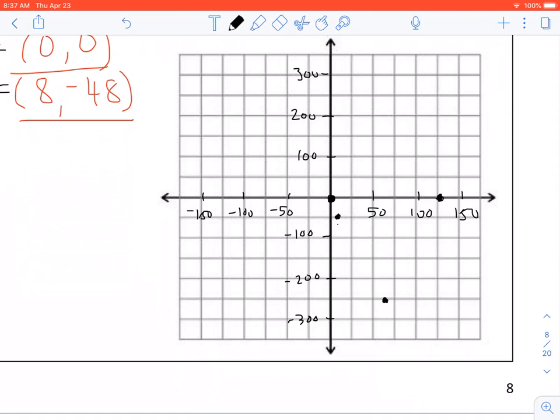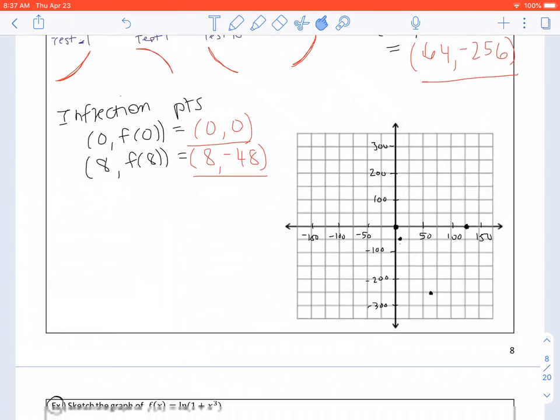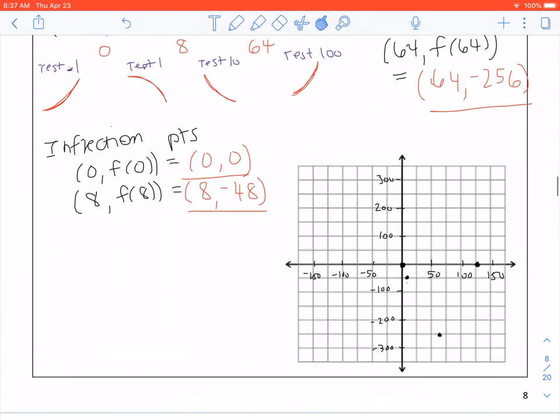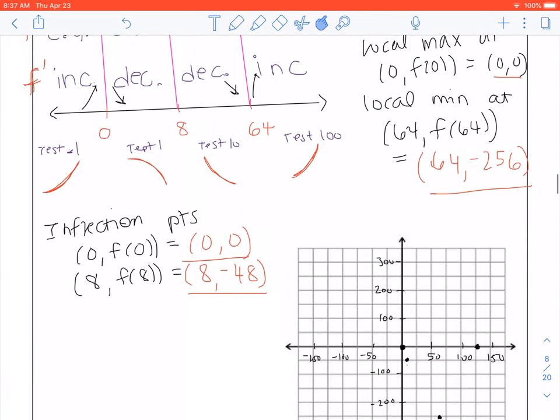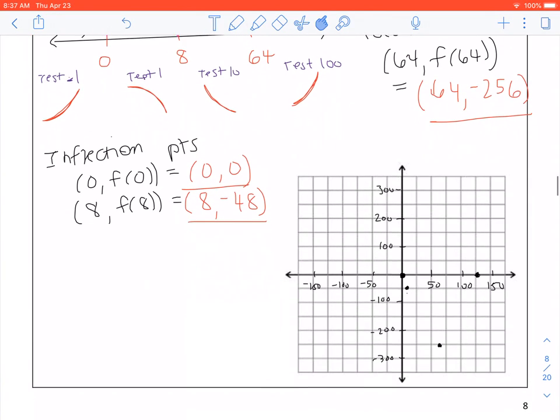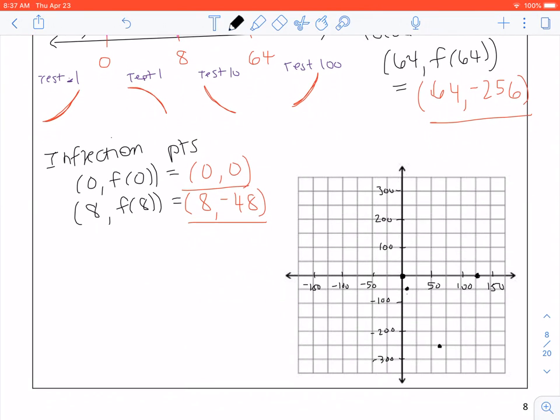From here, I'm going to use my sign chart that we had and go ahead and put those curvatures in. So from 0, we have that it is concave up and increasing. And so I'm going to go ahead and draw that in. Again, the exact curvature of this is unknown.